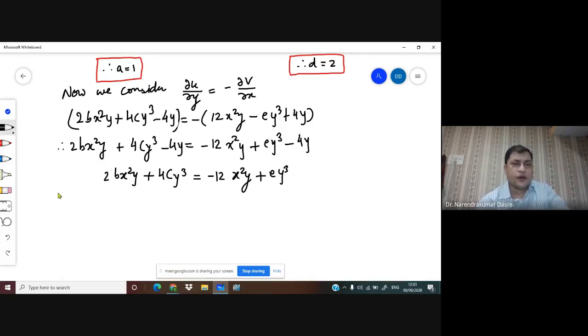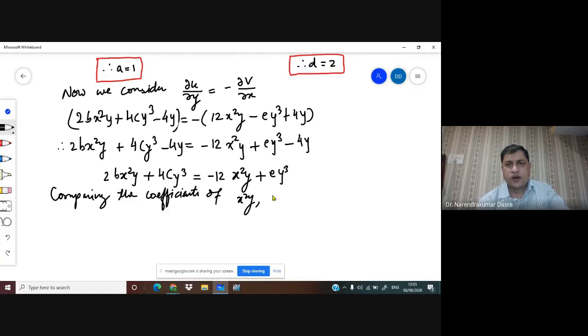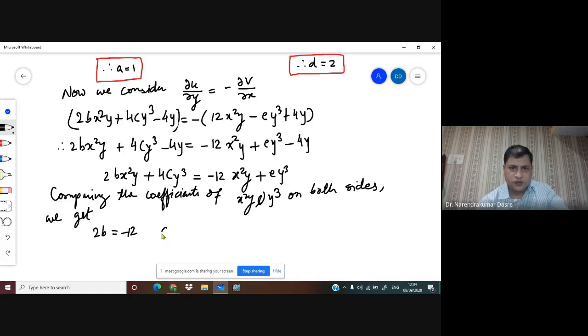Okay, and now what we can do is comparing the coefficients of x square y and y cube on both sides. We get, so what you are able to get is 2b is equal to minus 12, and we have 4c is equal to e. So that's what we get.